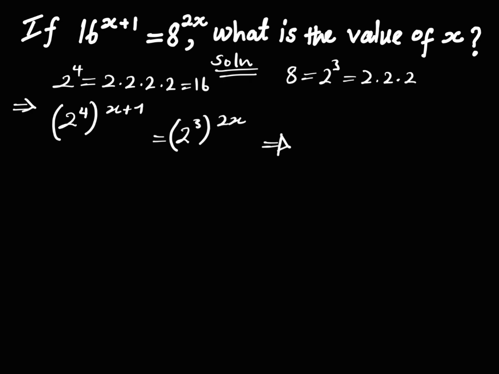From here, the next thing we are going to do is to multiply the exponents. So we have 4 here and then x plus 1. We multiply these two together and also multiply the 3 with the 2x. We maintain the base without changing, so the base is 2. Then we have 4 multiplied by x, that is 4x.